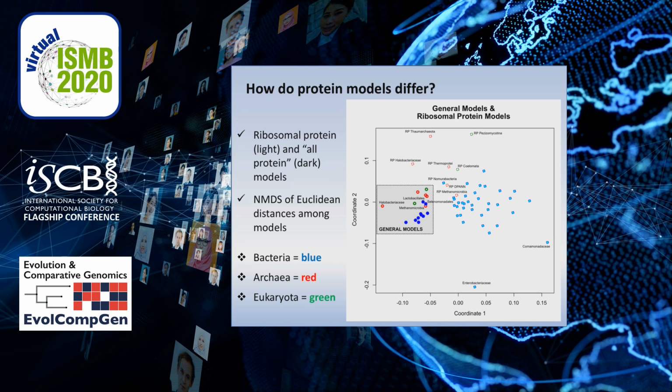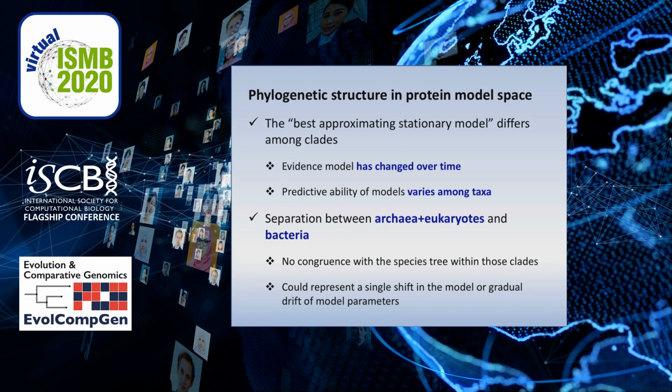The gray is the general models based on a large ensemble of proteins, and slightly more spread out are the ribosomal protein models. But we do differentiate between bacteria on the one hand, archaea and eukaryotes on the other. So, there is phylogenetic structure. Model has changed over time.